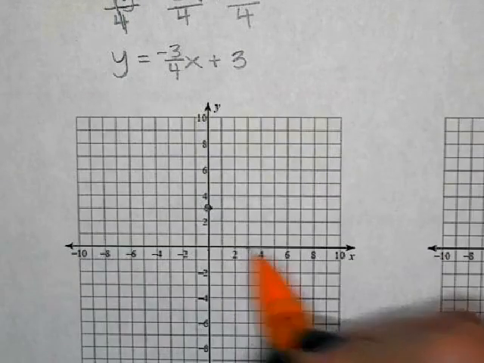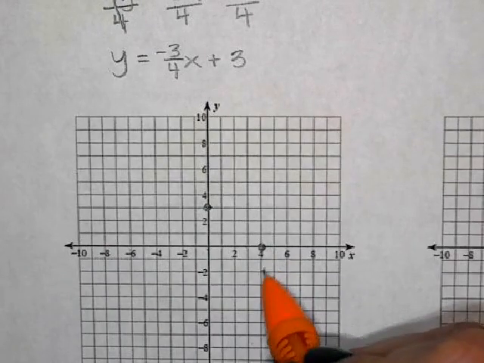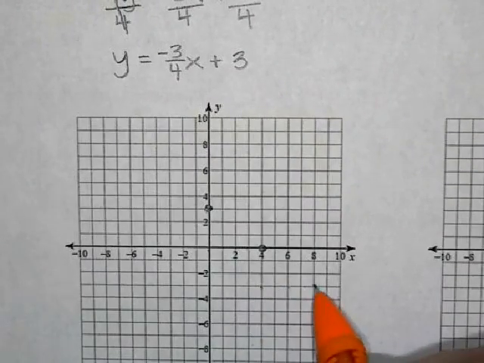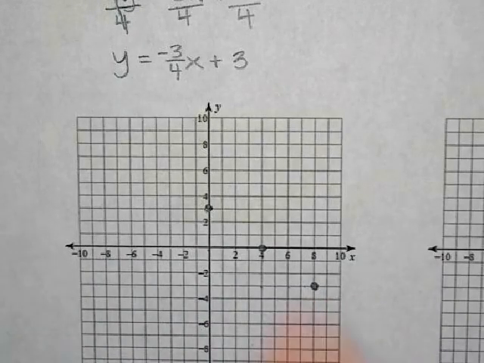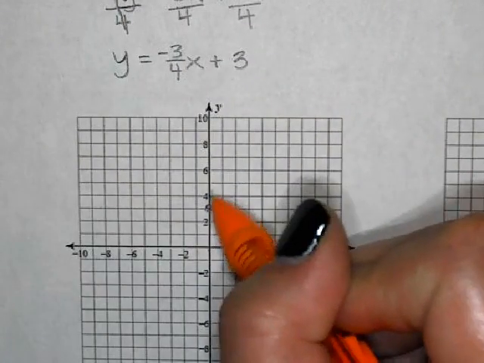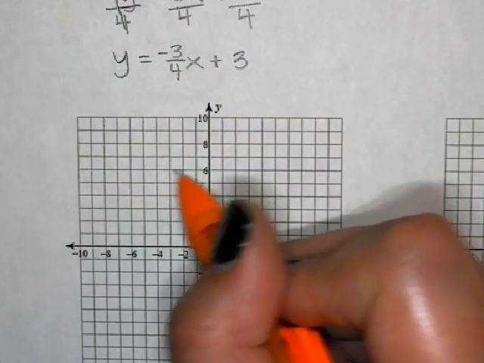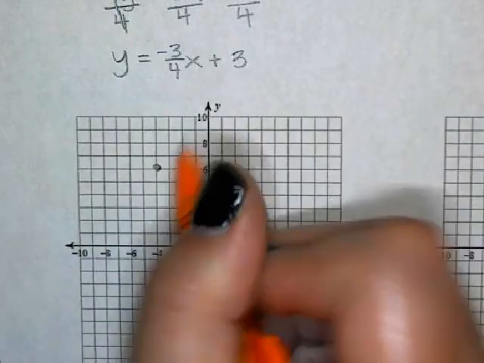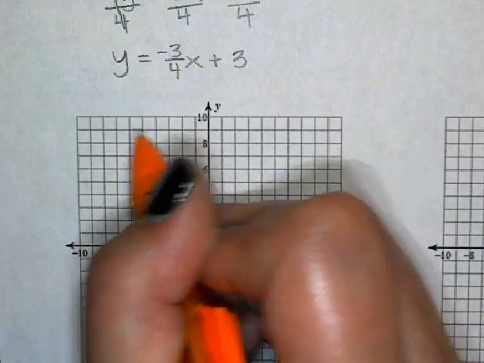Go down 1, 2, 3. Go right 1, 2, 3, 4. Okay? And then we ran out of space, so what do we do next? Go up 3 to the left 4. 1, 2, 3. 1, 2, 3, 4.